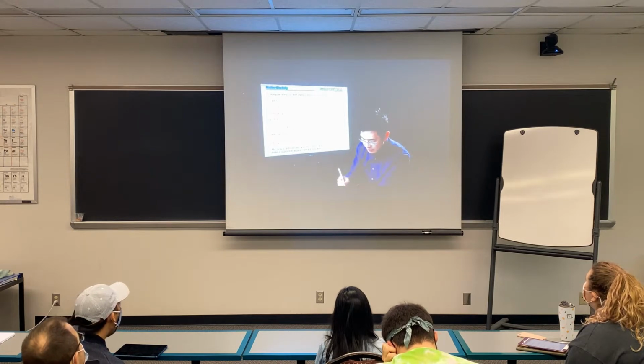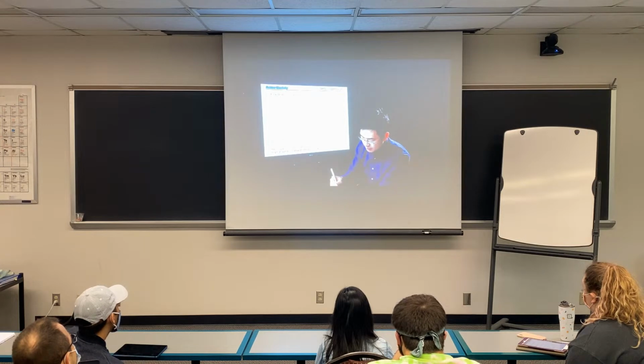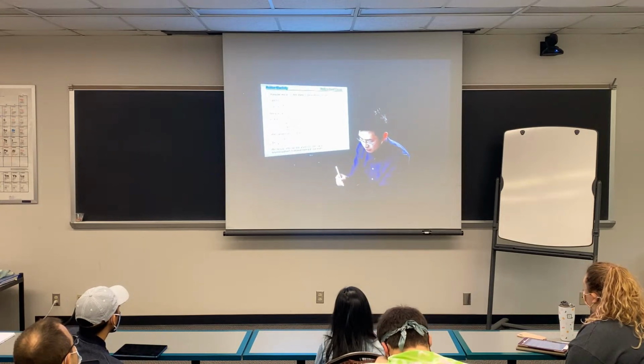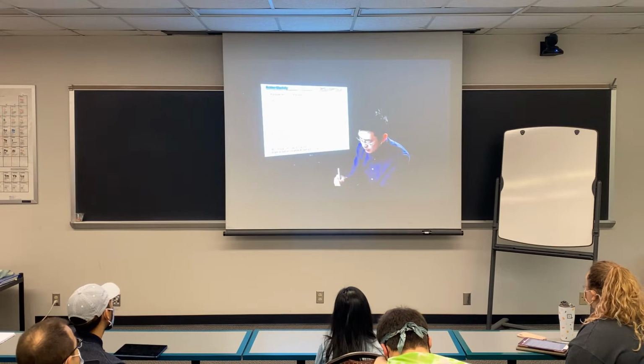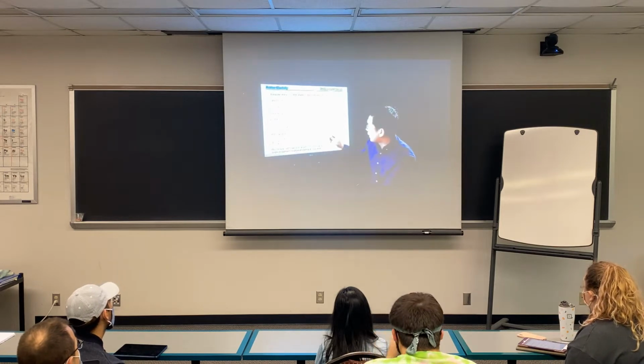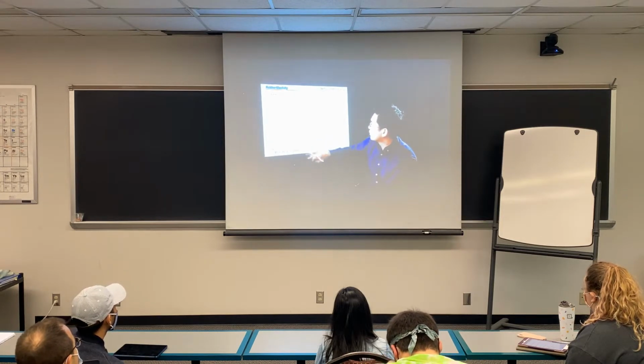If you plot this way, the intercept with the y-axis gives you C1, and the slope of the curve gives you C2.